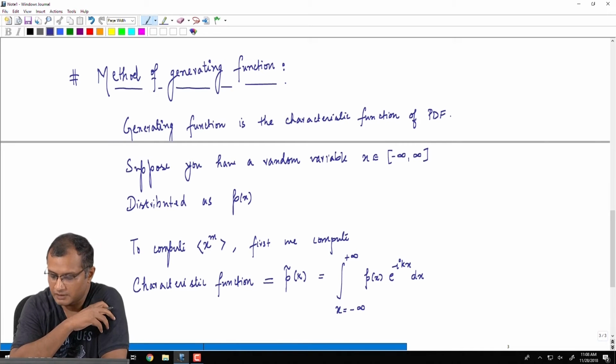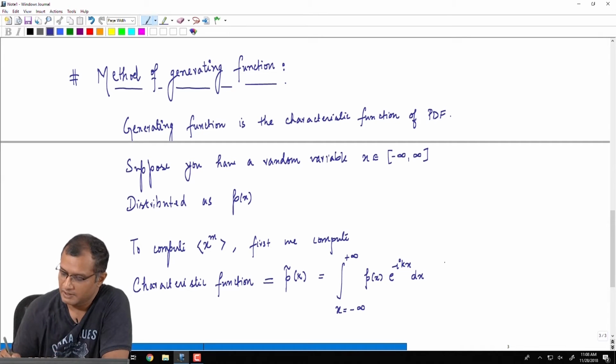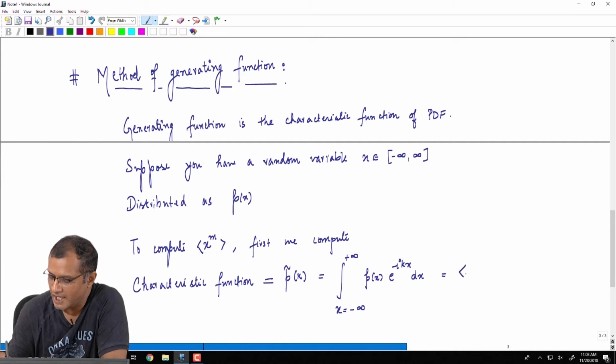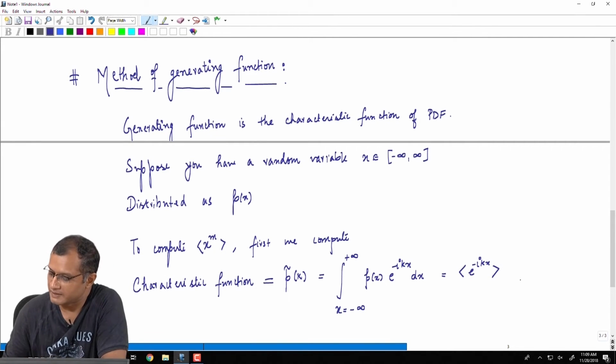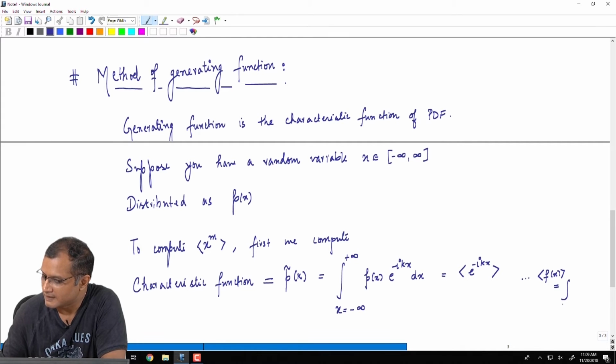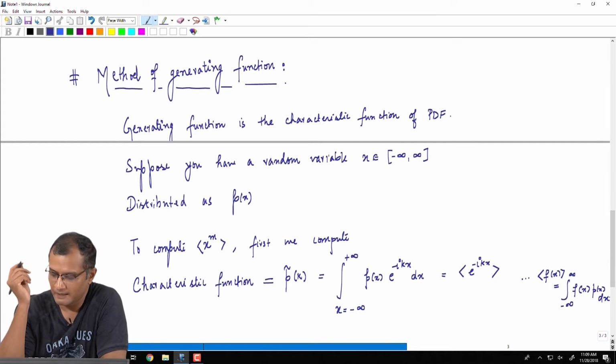Now, if you look at the definition of the average of a function, this is nothing but the average value of e raised to minus ikx. Since we are using the definition that a function's average is given as the integral from minus infinity to plus infinity of the function times P of x dx.